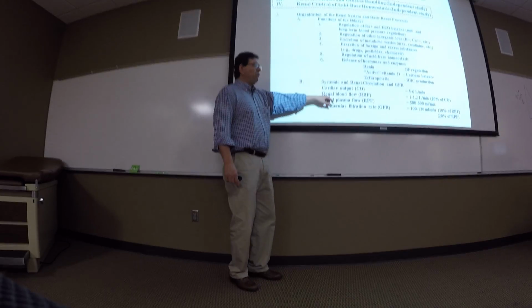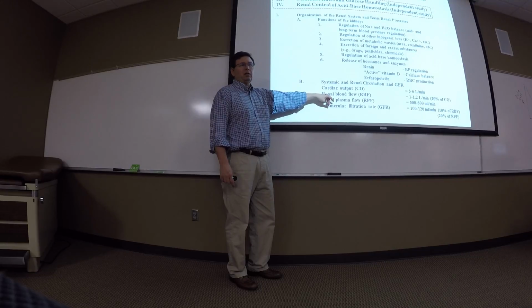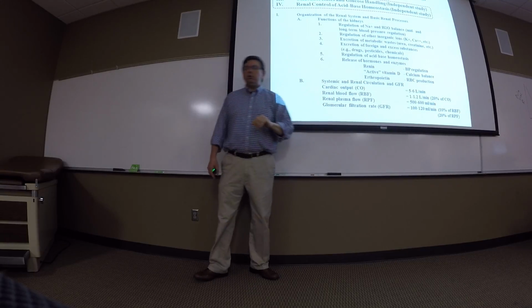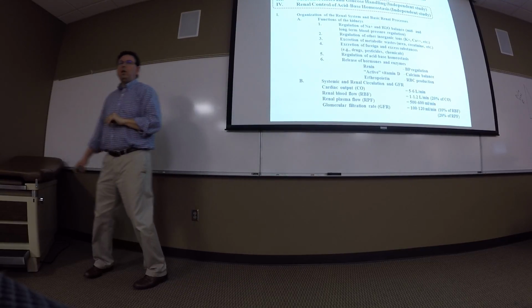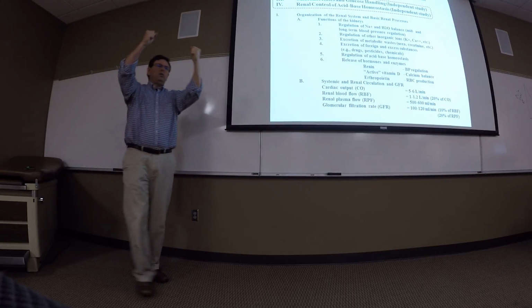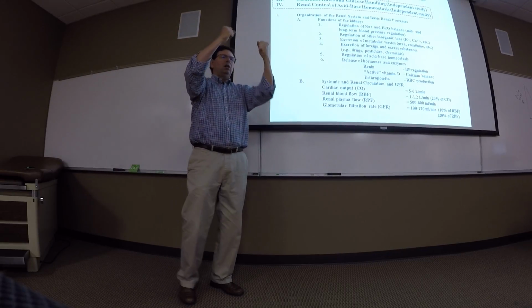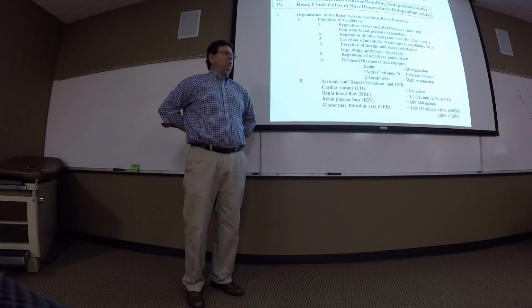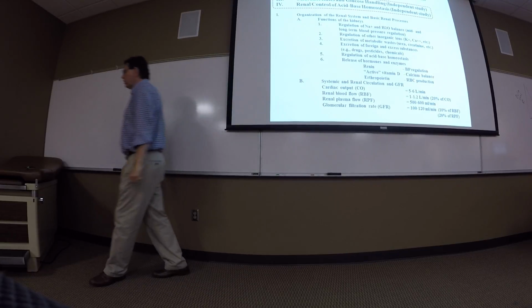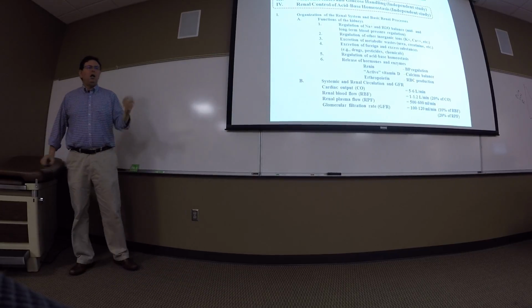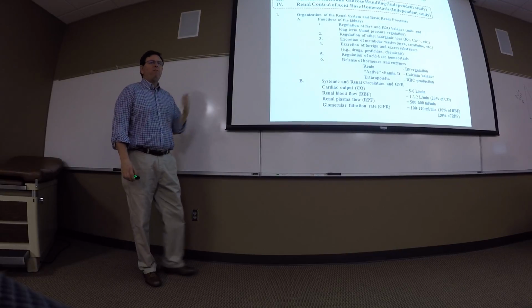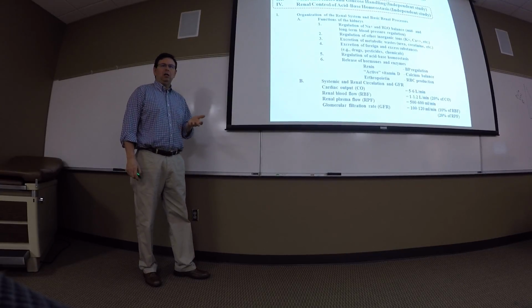Well, guess what? Fully 20% of that cardiac output is going to be going to the kidneys for renal blood flow. So your kidneys, imagine, they're only the size of your fists. You have your two kidneys about the size of your fist. They're getting 20% of your cardiac output every single minute.